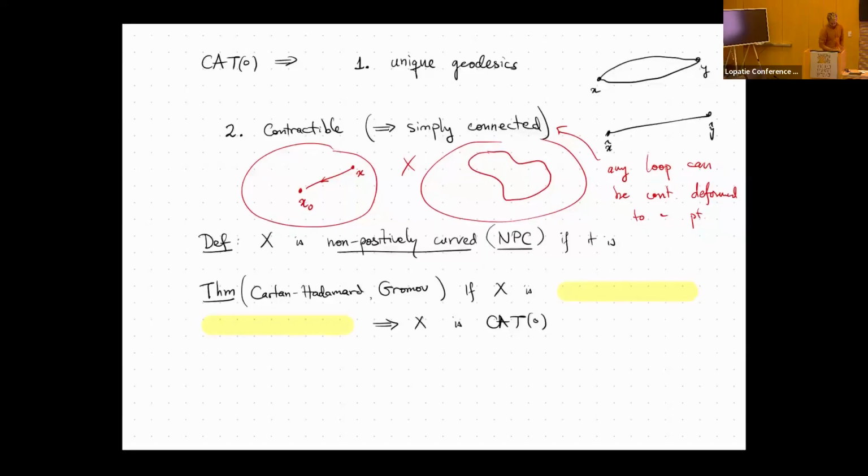Okay, and here's another definition. A space is non-positively curved if it is locally CAT(0). What do I mean by that? Every point has a neighborhood, and in this neighborhood I see a CAT(0) space. Locally CAT(0). Questions?